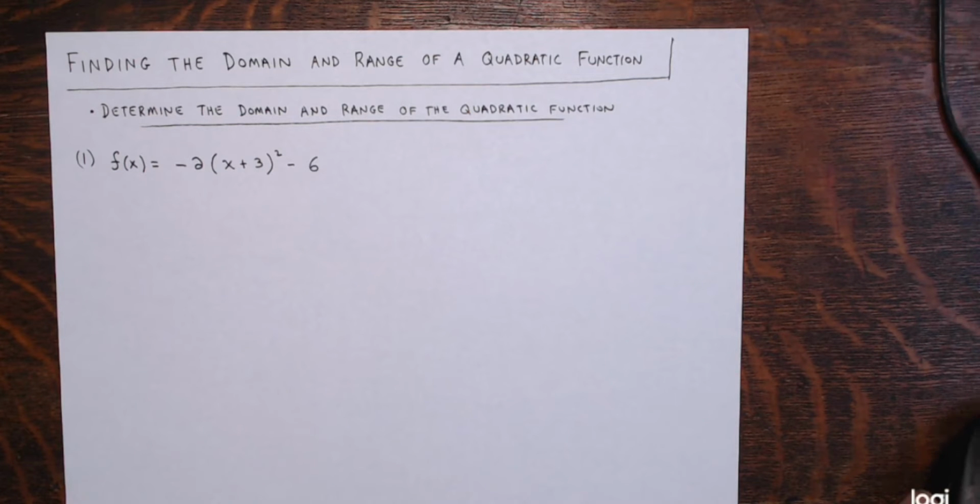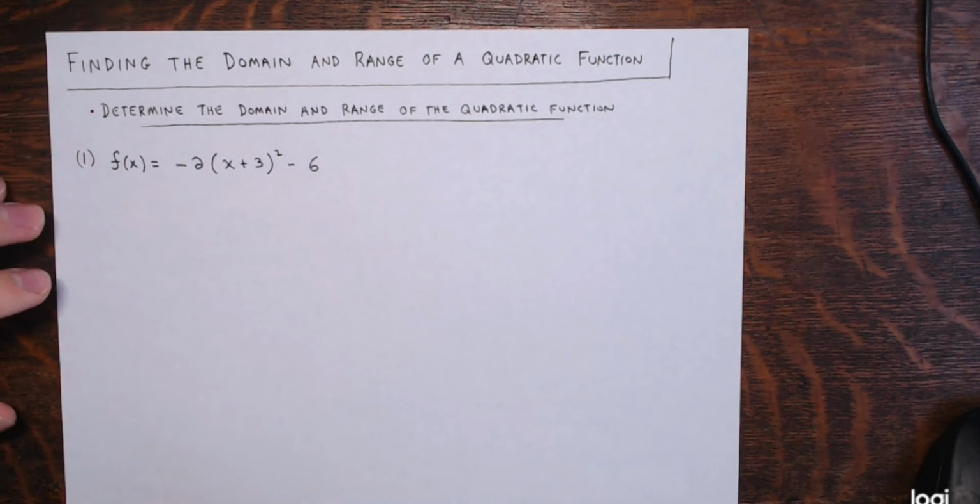I hope you watched previous videos of mine covering some of section 5.1 of this OpenStax Algebra and Trigonometry text, where I talked about finding the vertex, the axis of symmetry, and the intercepts of a parabola, the graph of a quadratic function. So this is just stating the domain and the range.